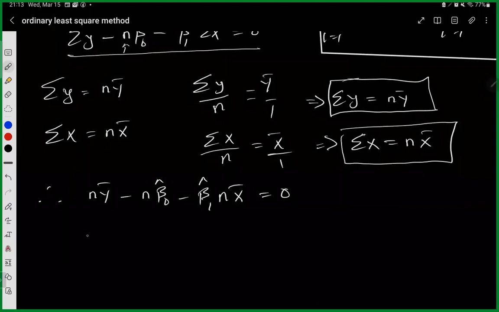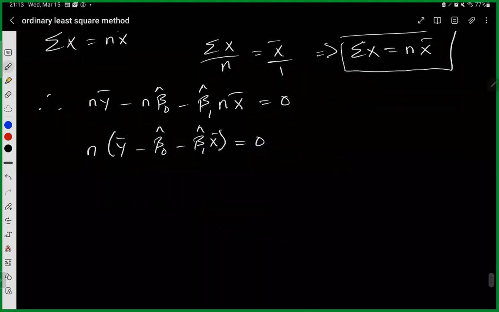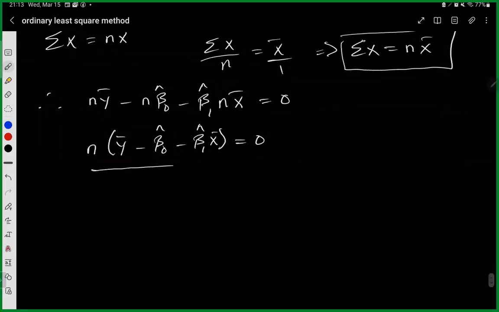So we factor out n, and what do we have remaining? y bar minus beta naught hat minus beta 1 hat x bar is equal to 0. Then we divide n throughout, and we have y bar minus beta naught hat minus beta 1 hat x bar is equal to 0, because 0 divided by any number is equal to 0.